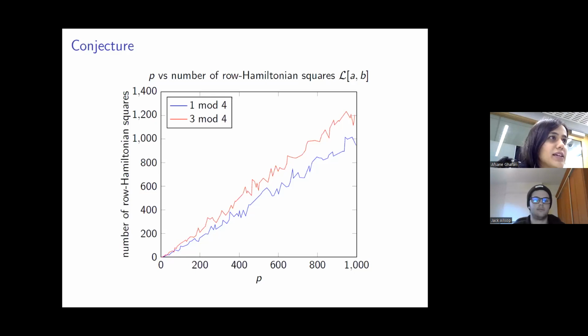Here's a question from Angus. For the conjecture on the last slide, are there any asymptotics known for those two families?